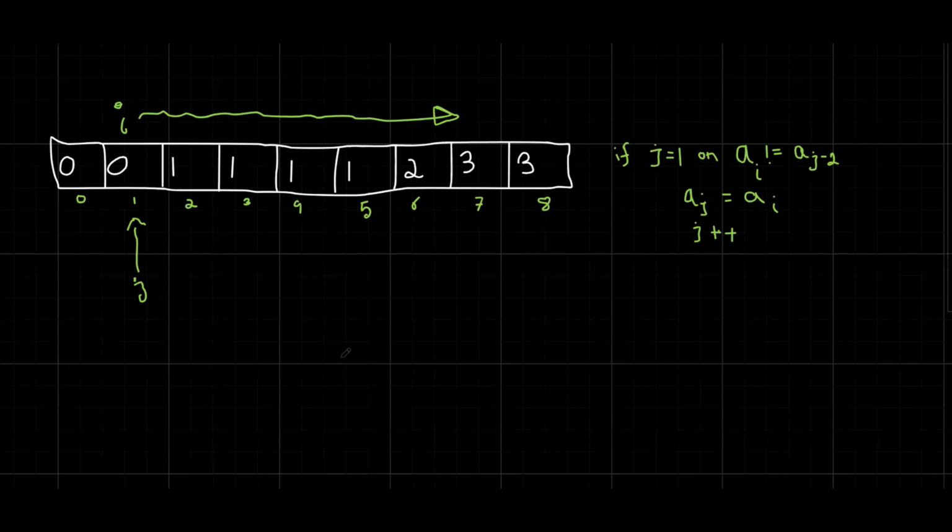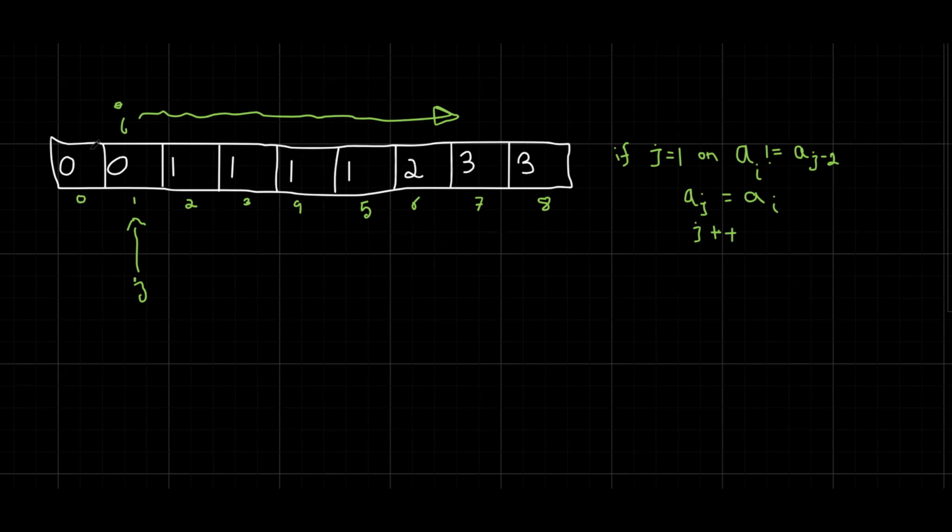This problem can be solved using the 2 pointers mechanism. Here, we have taken the second example. It has 9 elements, which are 0, 0, 1, 1, 1, 1, 2, 3, and 3. Now, we have to keep each unique element at most 2 times.